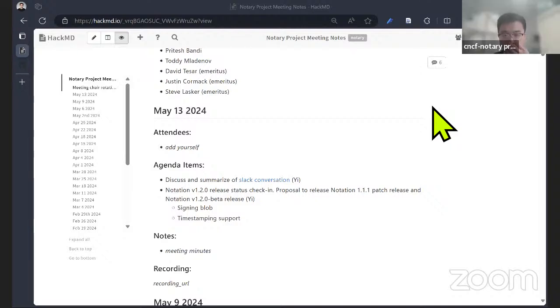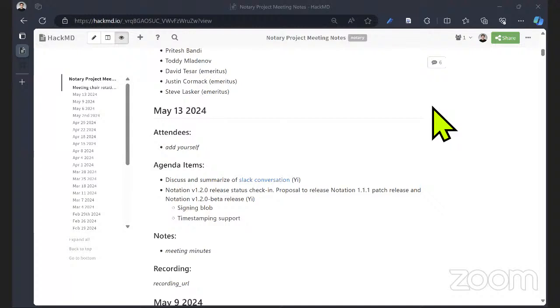So Pradesh, you are actually talking about the first one, right? It's about whether we should always verify timestamping, or we just verify when the signing certificate expires. Yes. So when we always verify the timestamp, the good side is that before and after the certificate expires, the behavior is exactly the same given the same inputs.